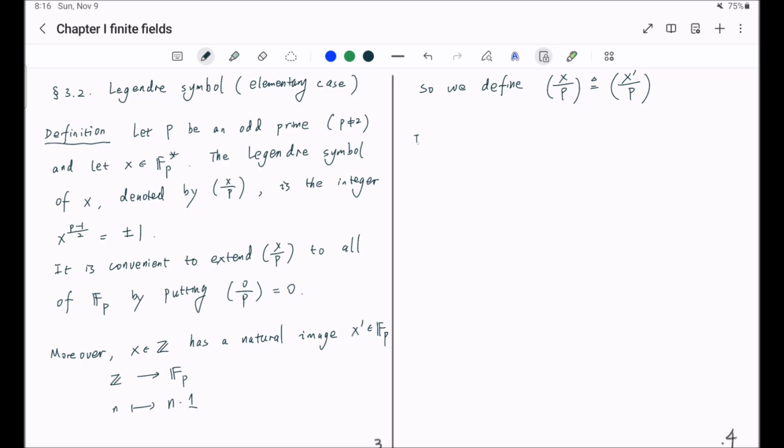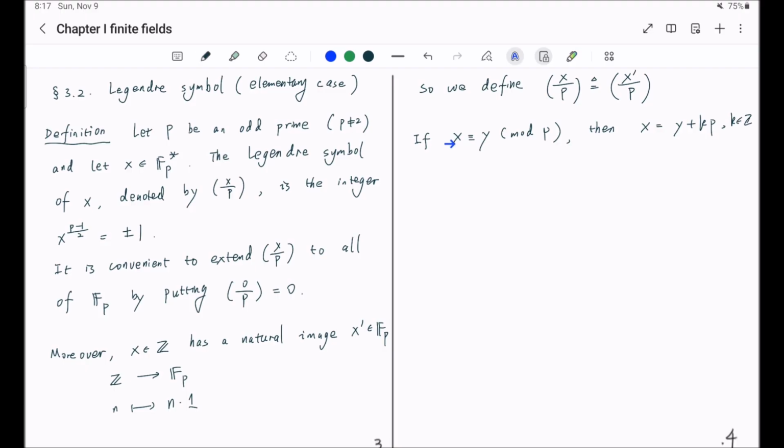Suppose x and y are congruent modulo p. Then we can write x equal to y plus kp for some integer k.